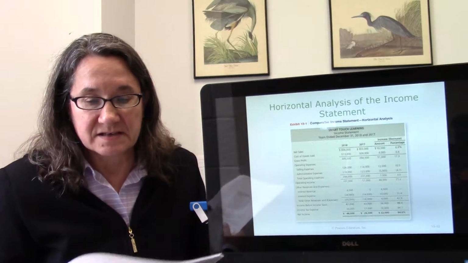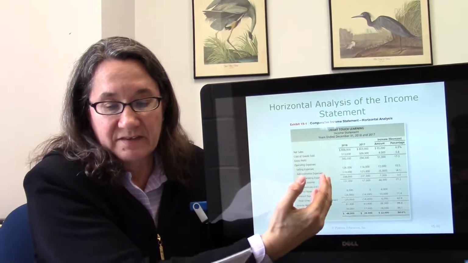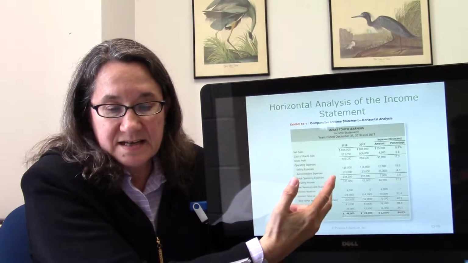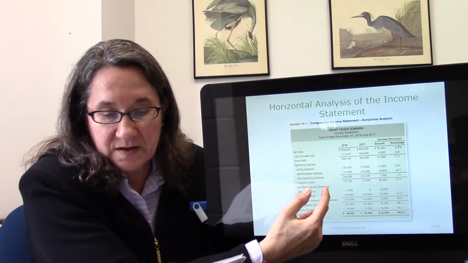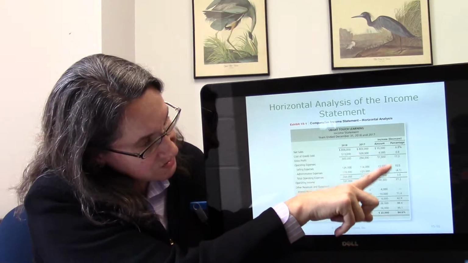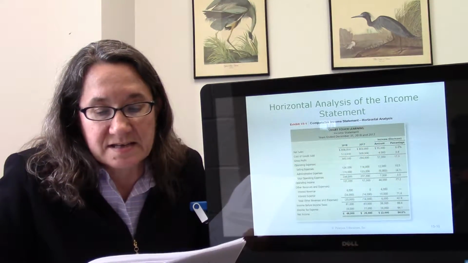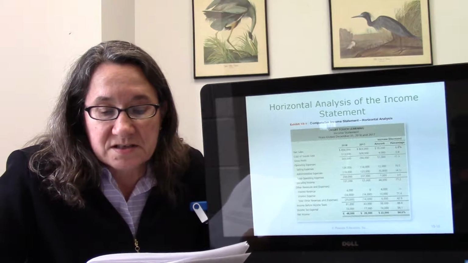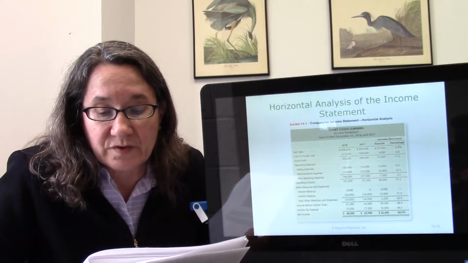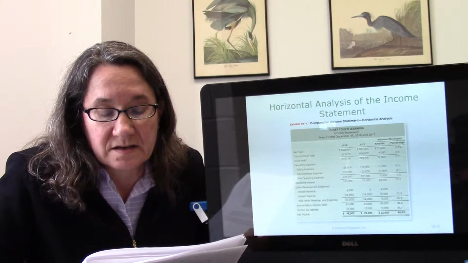Alright, and here's an example, horizontal analysis of the income statement. So this example, 15-1 from your book, you can see they've gone ahead and done this horizontal analysis for every account on the income statement. So net sales, right, increased 6.8%. Cost of goods sold increased 0.8%. So that's good.